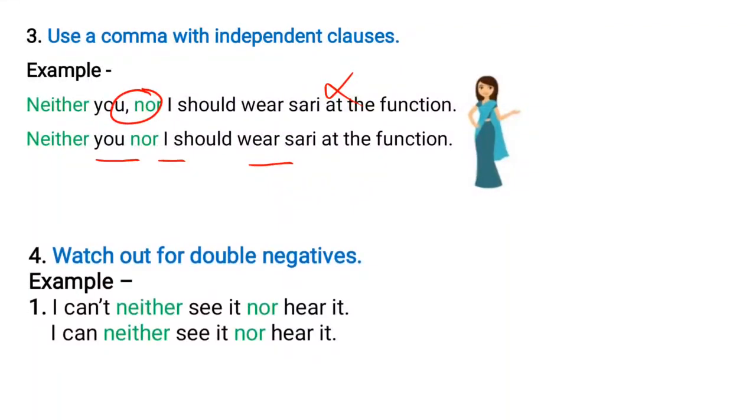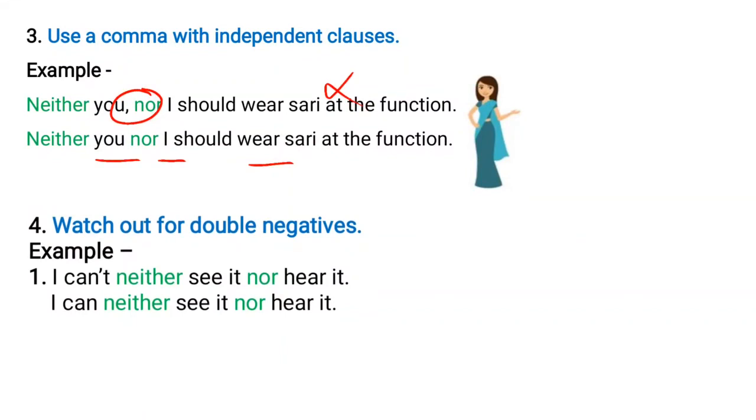Next thing which we need to be careful about while using correlative conjunction is for double negatives. We already know that neither nor indicate a negative connotation. So be sure your main clause does not contain a negative verb phrase. For example, here in this sentence, can't already provides a negative impact.